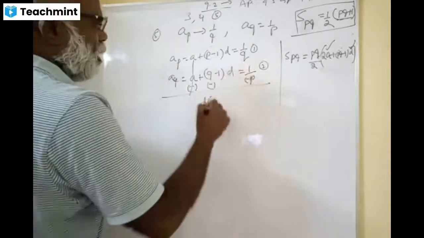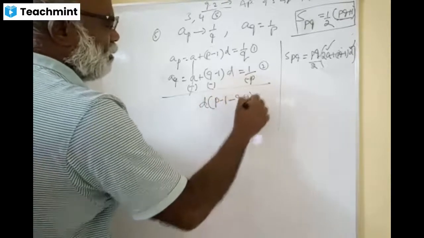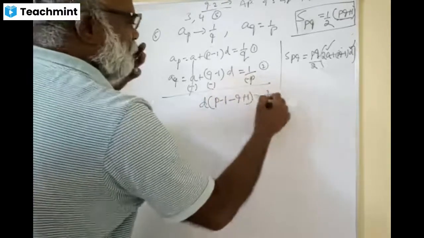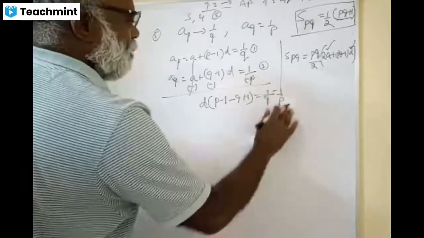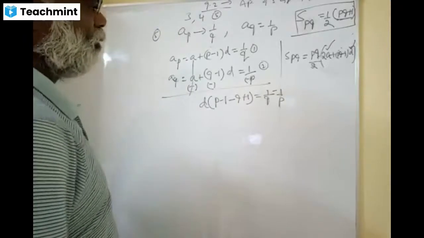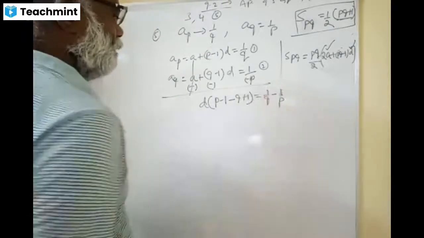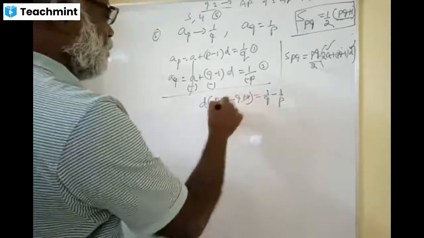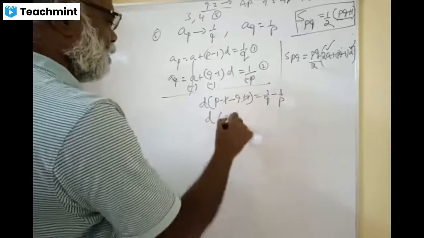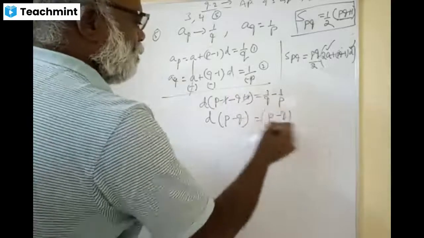D you take common: P minus 1 minus of Q minus 1, that is 1 by Q minus 1 by P. All of you able to follow? Yes, 1 cancels, and D into P minus Q is equal to, taking LCM, P minus Q by PQ.